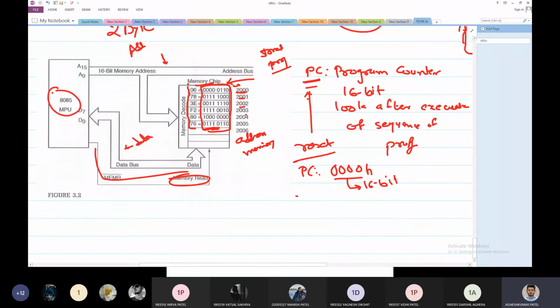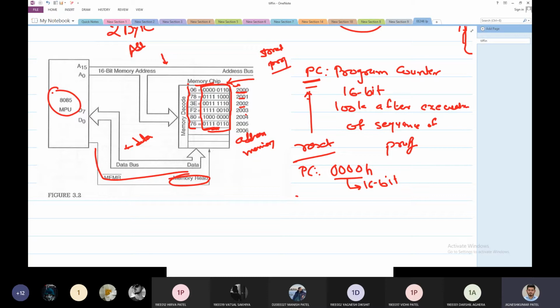So hexadecimal number 0000 is 16-bit data. So on reset, like when you reset 8085, it is like switching off and on your mobile. Same way when you reset 8085, at that time the default content of your program counter will become 0000H.